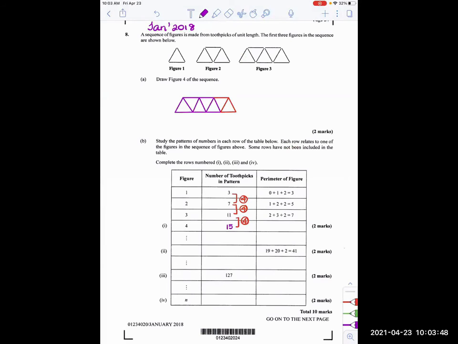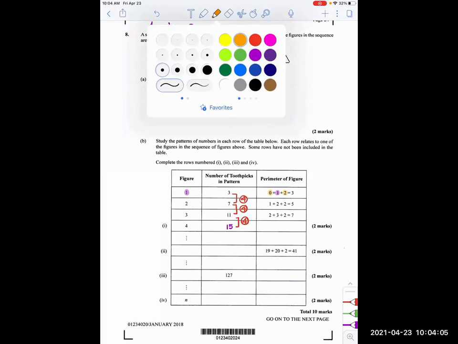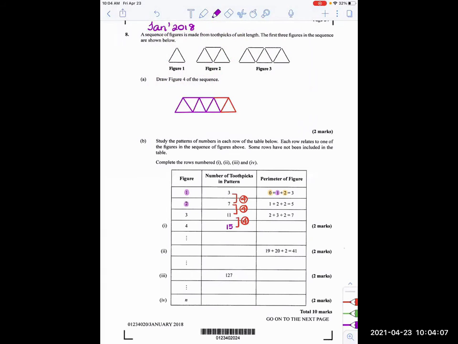Now, let us see as well if we could form the perimeter. So we have the number 1, and the number before 1 and after. Here I have the number 2. I have the number before 2 and I have a constant 2. So 2 is constant.